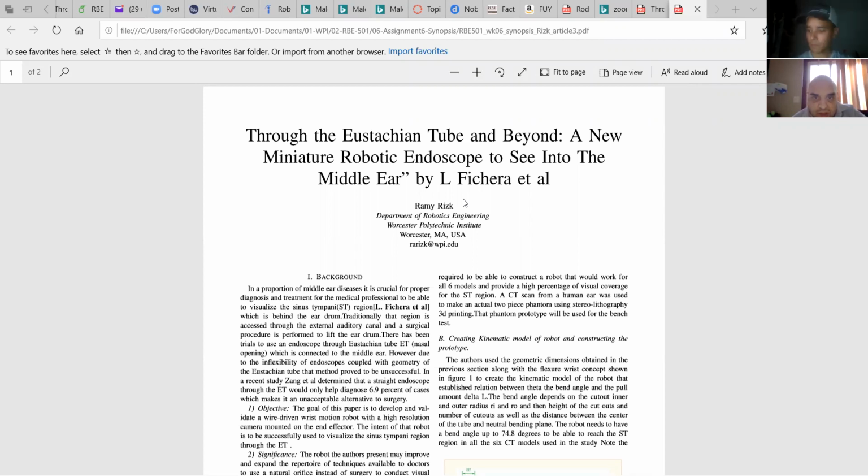Yes, I can. So the title of the paper is Through the Eustachian Tube and Beyond: the New Miniature Robotic Endoscope to See into the Middle Ear. So basically, this is my synopsis on it.